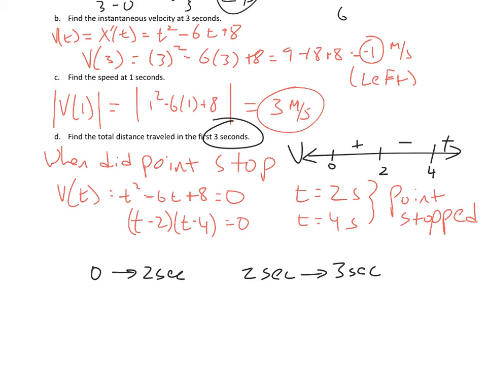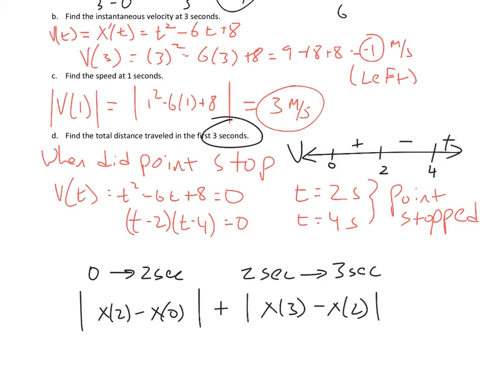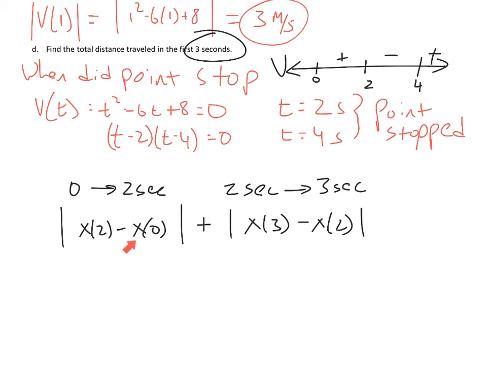To figure out its total distance, because it was moving right for the first 2 seconds, and then it's moving left, we need to find the absolute value of the position x of 2 minus x of 0, and add that to the absolute value of x of 3 minus x of 2. Because this is how far it went in the first 2 seconds. This is how far it went in the 3rd second.